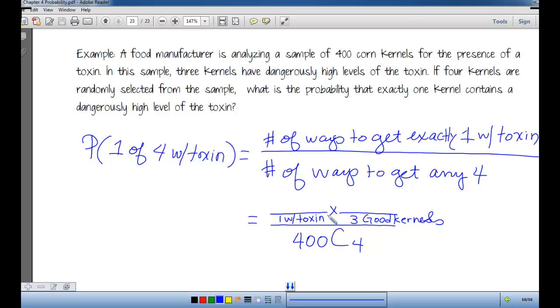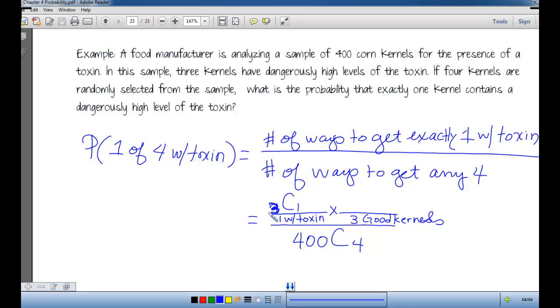Okay, so 1 with the toxin, to get that I'm going to say 4 choose 1, because we have 4 kernels that have the toxin, and I only want to choose 1 at a time. Is that right? Or is it 3? 3 kernels. Okay, so 3 choose 1, which is just 3.